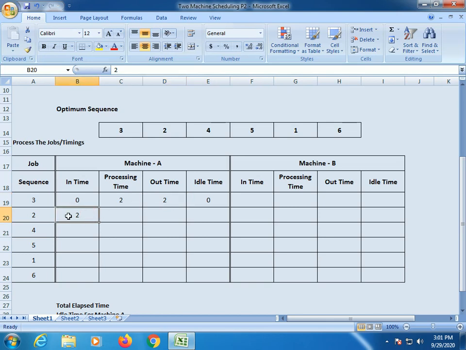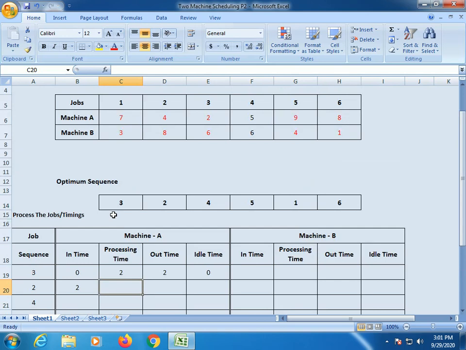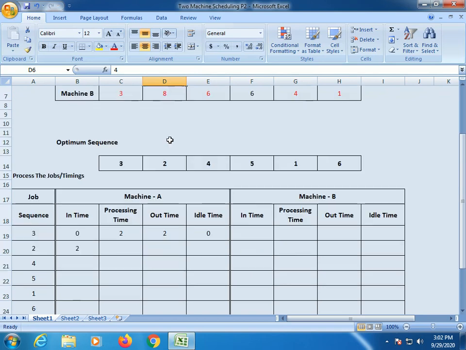So according to the sequence we can perform job 2 at 2 hours. And what is the processing time for job 2? For machine A the processing time is 4.